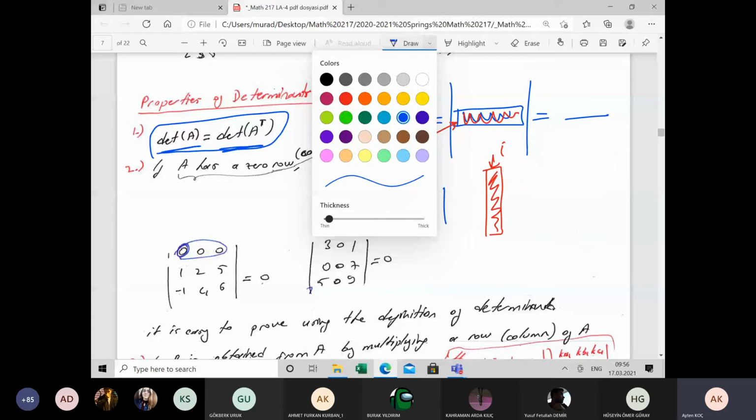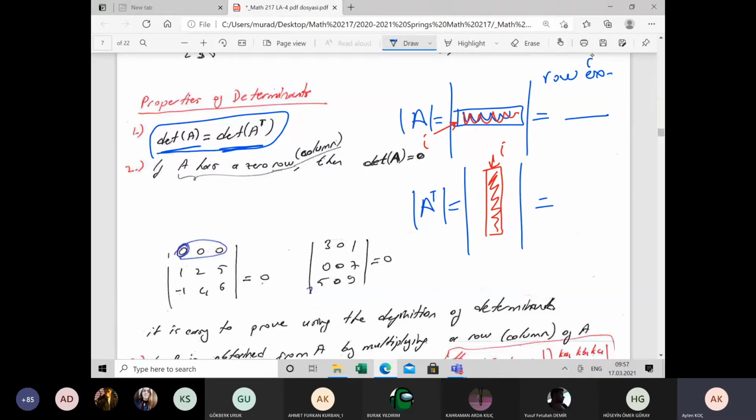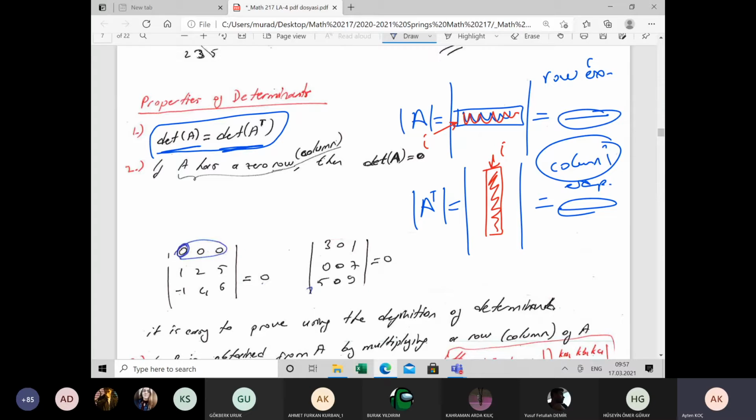Now, here we use row expansion, row I, and here we use column I, column expansion. So we obtain the same result. It's okay. Determinant of A is equal to the determinant of the transpose. Because we get this result by the definition of the transpose matrix and determinant. It's okay. Definition.